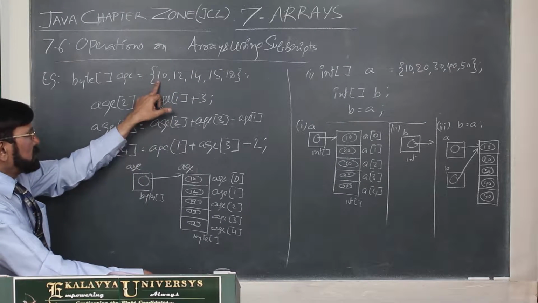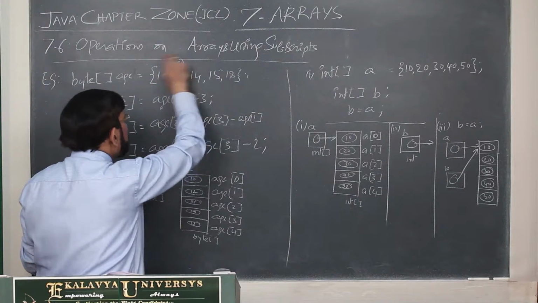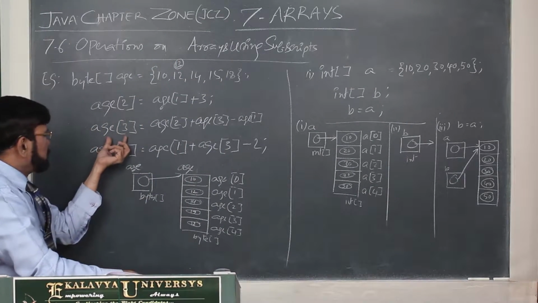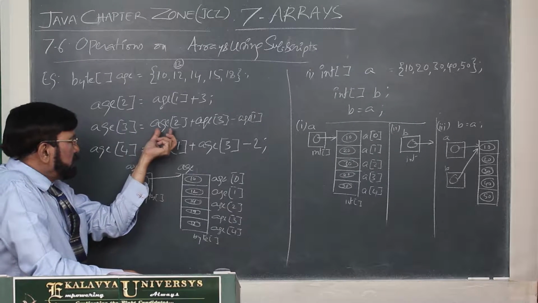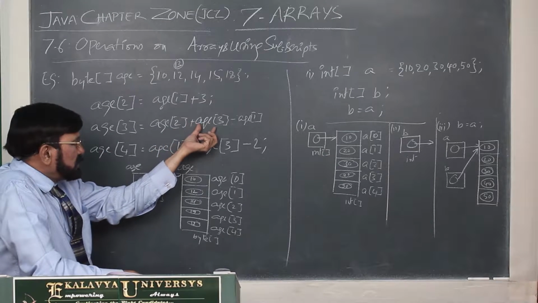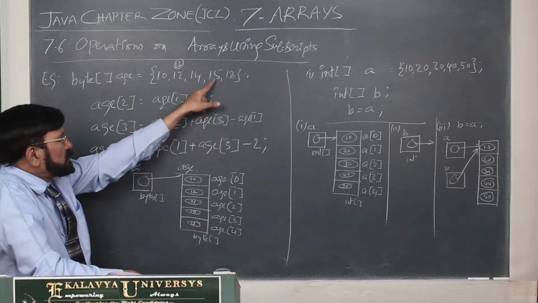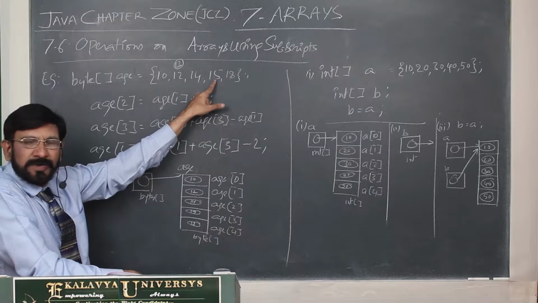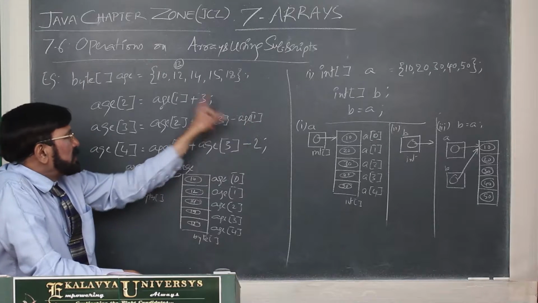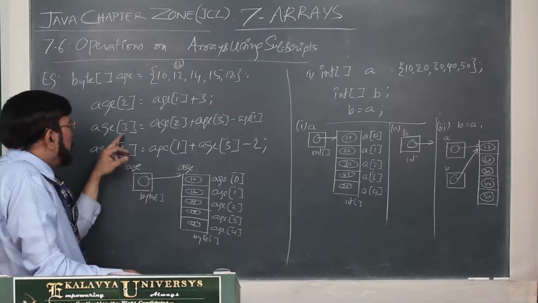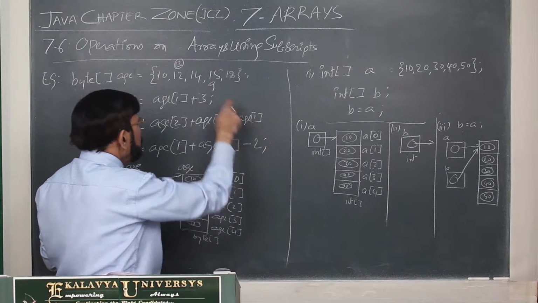So age 1 is 10 plus 3, then it becomes 13. Now next one you see, age 3 is equal to age 2 plus age 3. Age 2 means the third element, age 3 means the fourth element. 14 plus 15 is 29, 29 minus age 1, 10, so 19. So age 3, which was 15, will become 19.